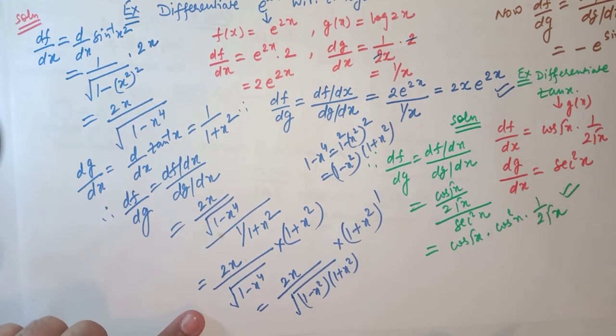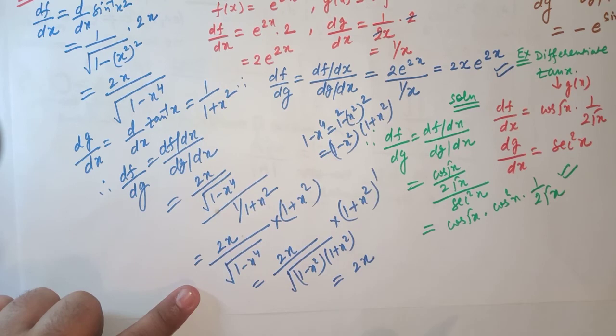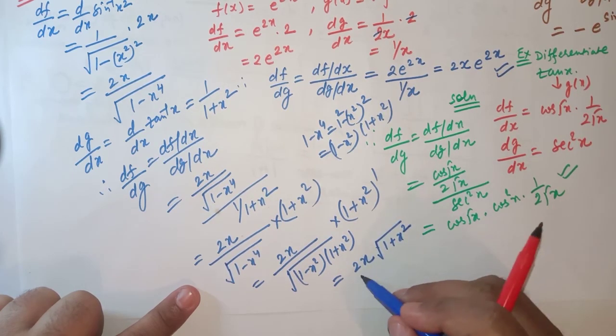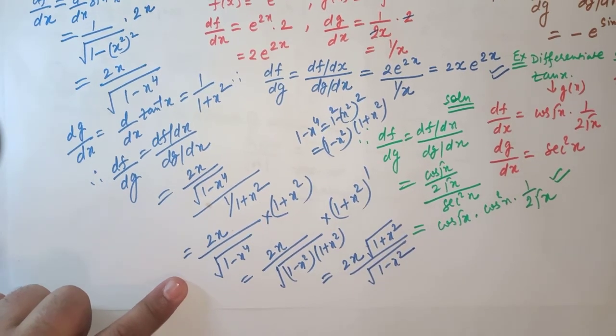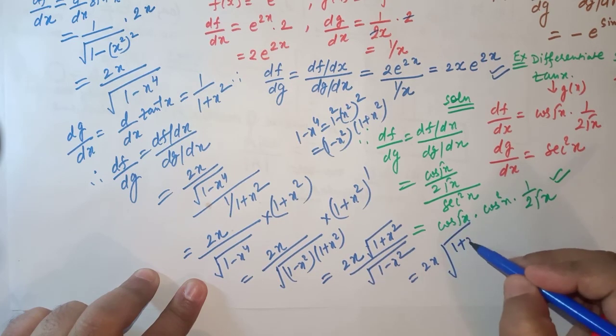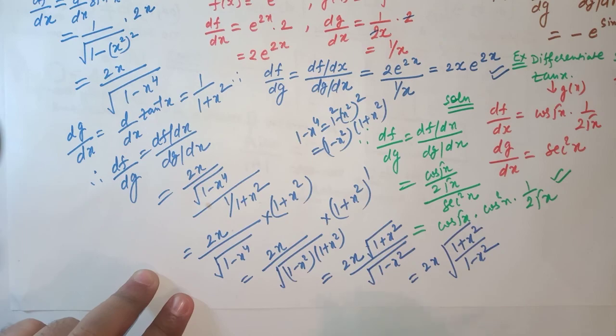Here we have power 1 and here we have power half. So this can be written as 2x square root of 1 plus x square over square root of 1 minus x square, or this can be written as square root of 1 plus x square over 1 minus x square.